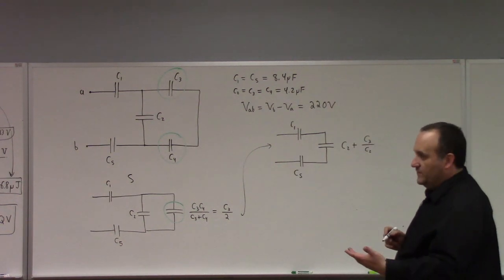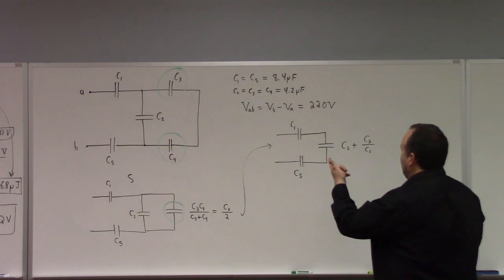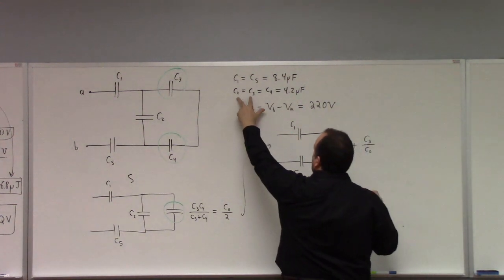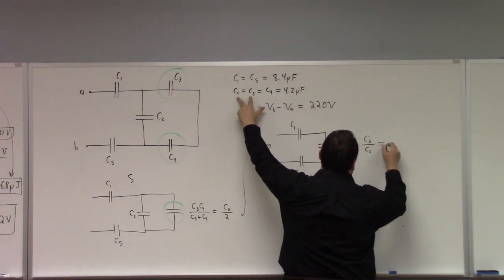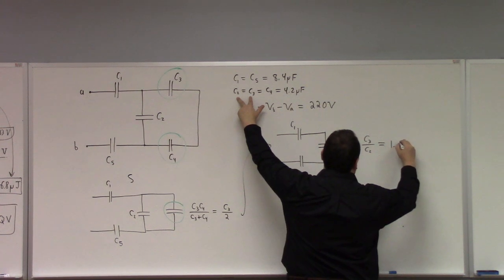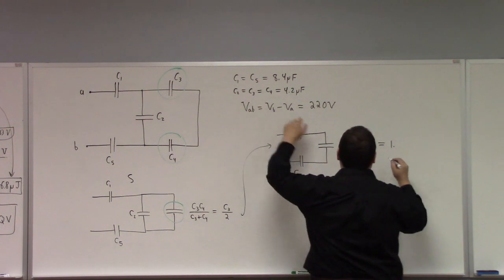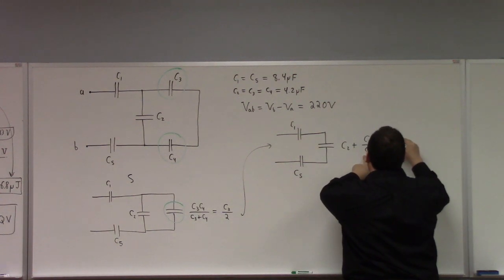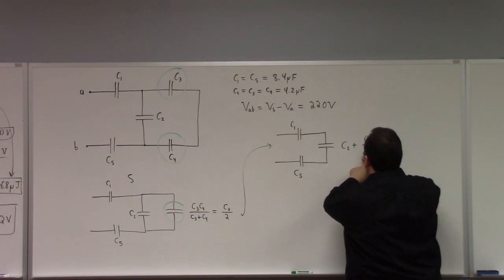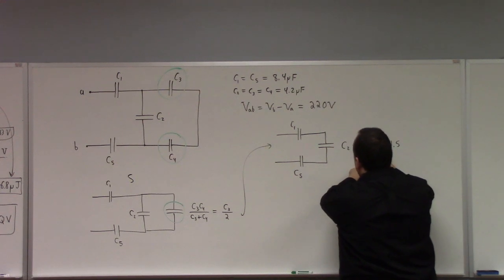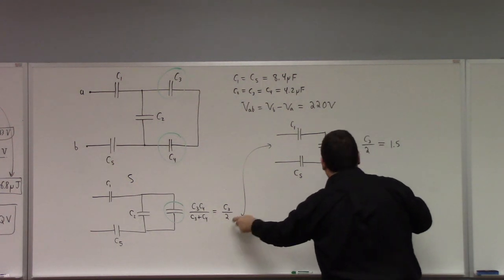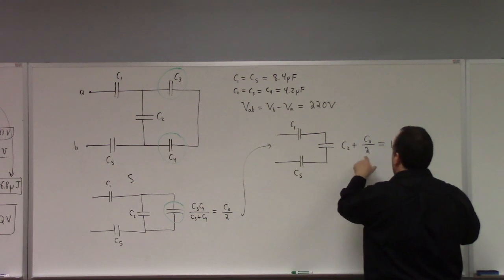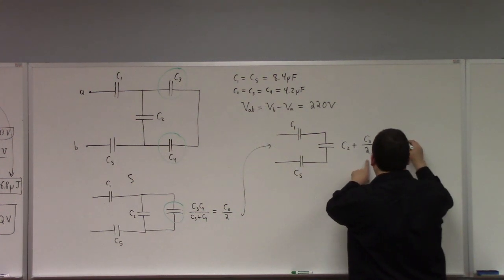But good news, C2 is equal to C3, right? So I might as well just write this as 1.5 C3. Look at this, C3 over 2. That was a half, not a C2. So this is 1 plus a half, which is 1.5 C3.